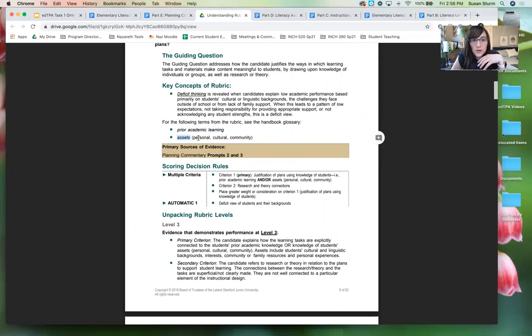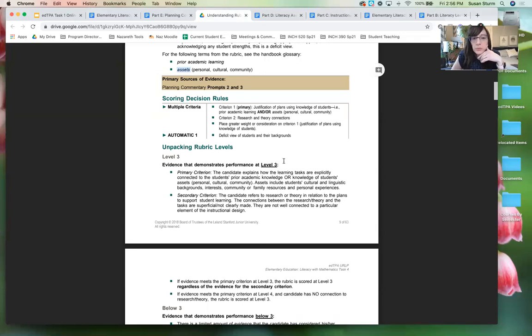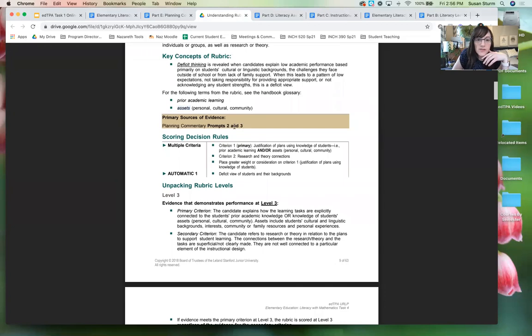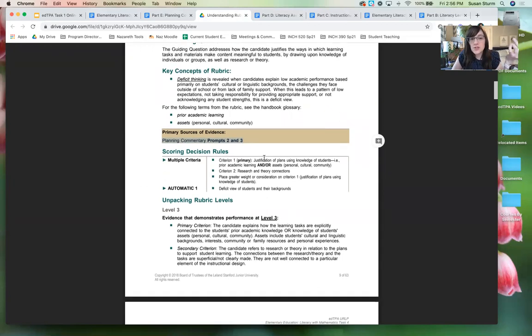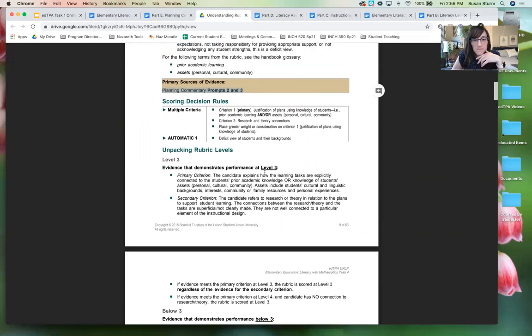Assets are their personal, cultural, and community elements that you're using in your planning, and we'll look more at that for Rubric 2. The primary source of evidence for this is your planning commentary prompts 2 and 3. And you'll see on Rubric 2 that the planning commentary prompts 2 and 3 are also the primary sources of evidence. So it makes sense to look at both of these rubrics at the same time.